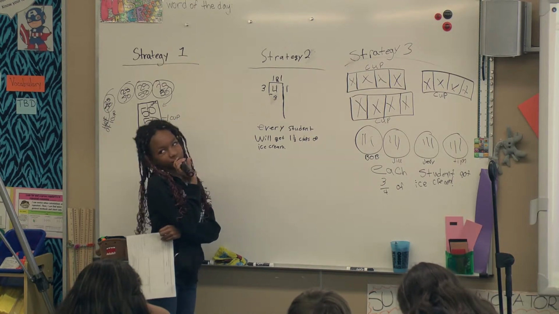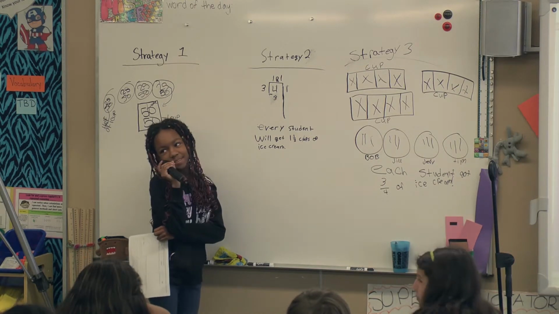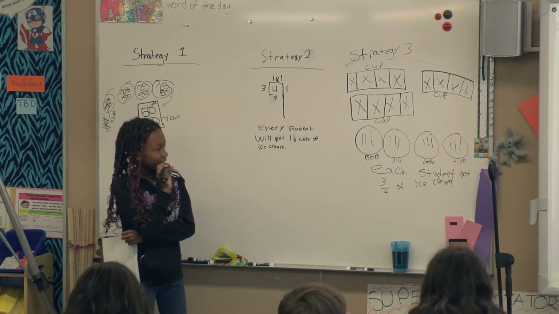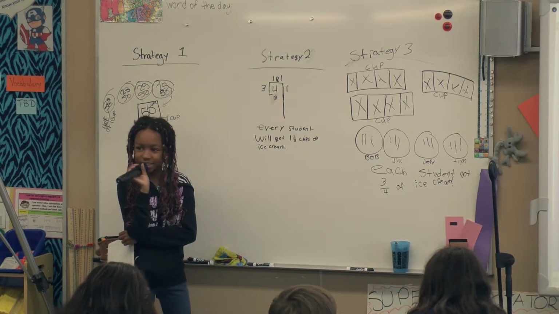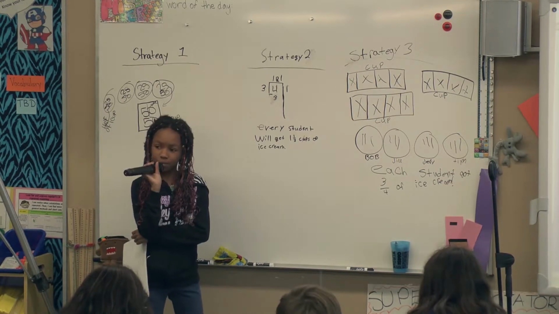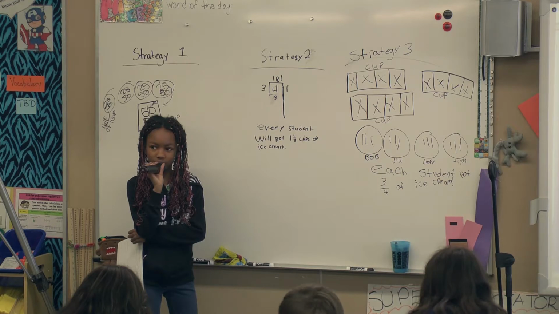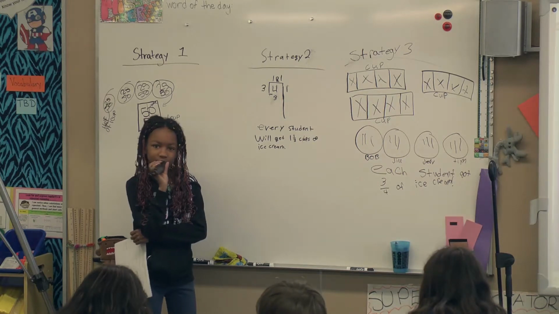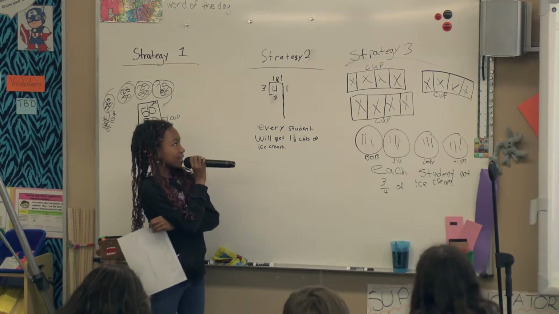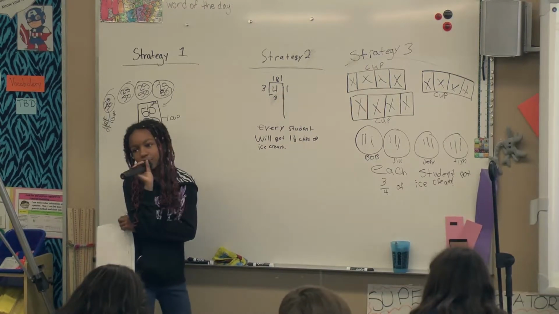But I respectfully disagree with myself. Can you explain why? Because I realized when Josiah was doing his strategy that with only 3 cups, there's one student who wouldn't get an ice cream. So I decided that it should be 3/4.